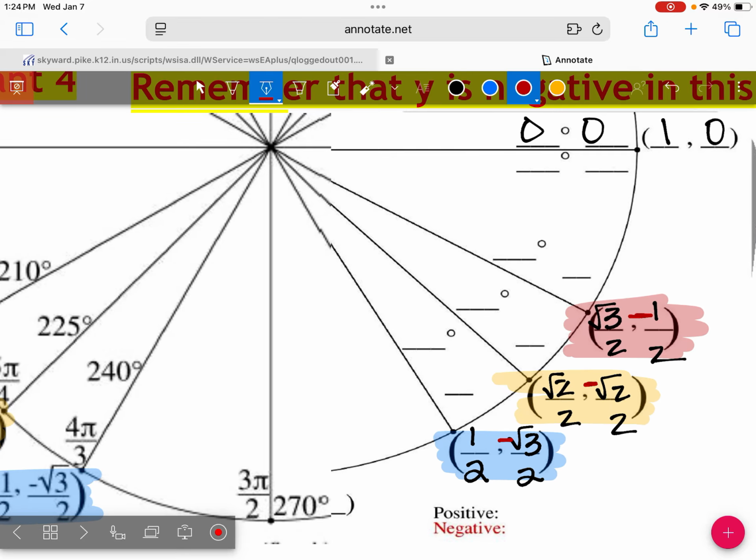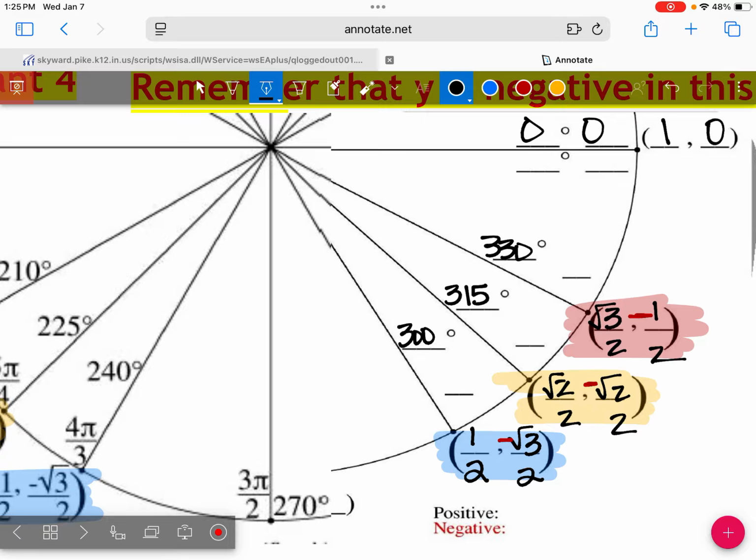Now let's fill in my degrees. This is where that elementary addition comes in. We have 270 plus 30, 300. 270 plus 45, 315. 270 plus 60, 330.